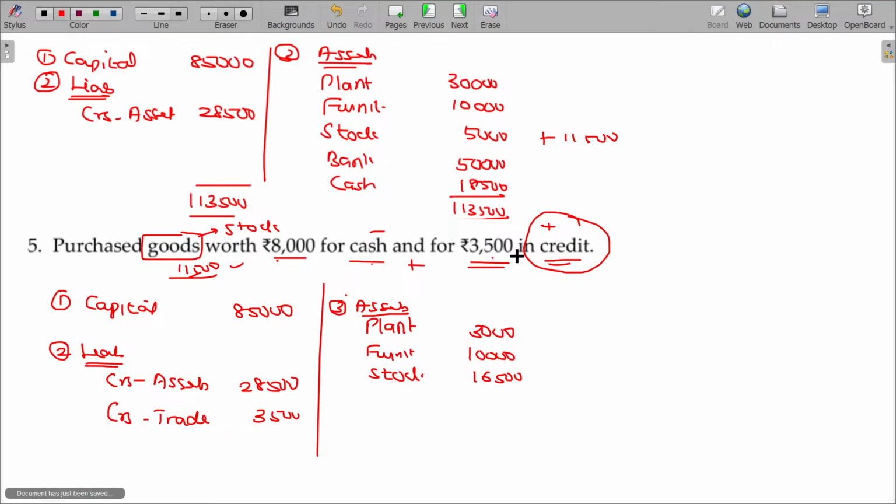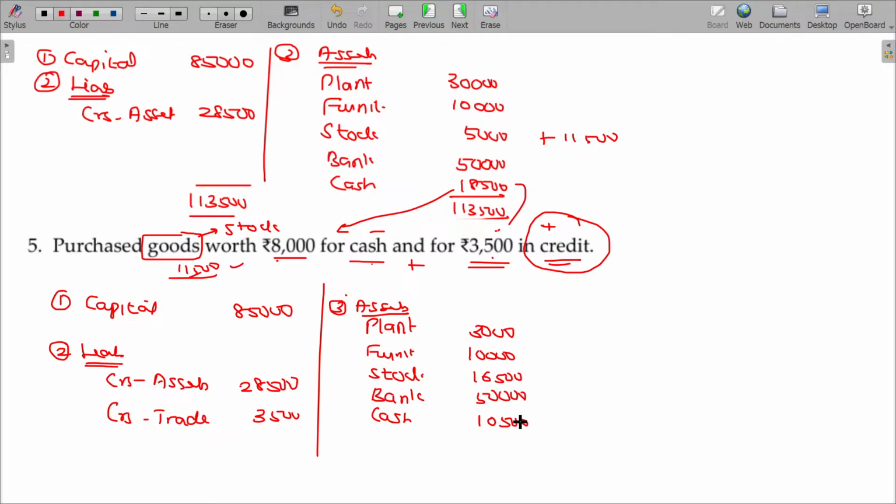Bank remains as it is, no change in the bank balance. And in the case of cash, 18,500 minus 8,000. We are going to subtract this. So the cash balance is now 10,500.